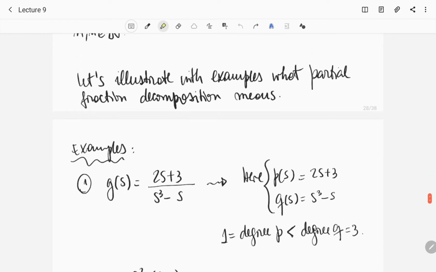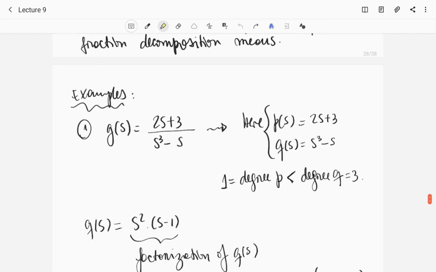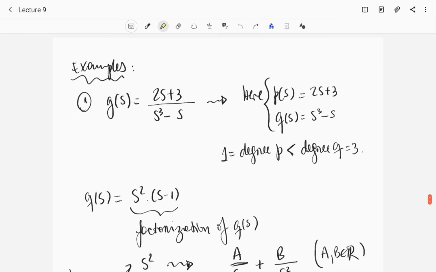So let's go into the examples. First one, this function g: a polynomial of degree 1 over a polynomial of degree 3. Since 1 is less than 3, we are exactly in the situation I described above.